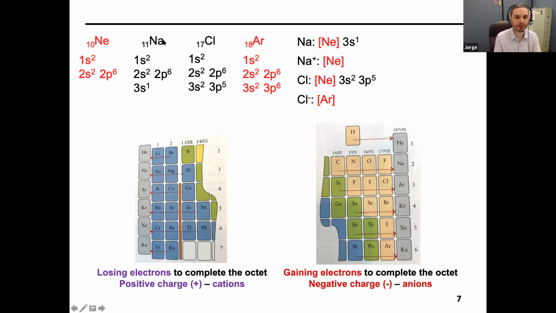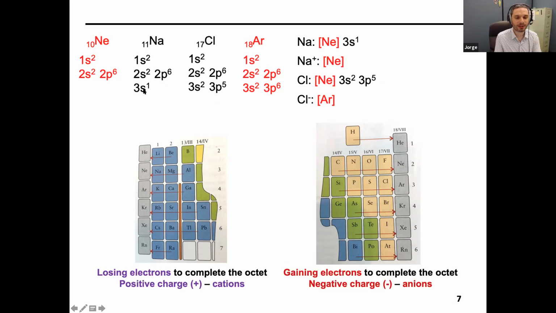For example, here, sodium belongs to the group 1. So we know that there is 1 electron in the valence shell, and chlorine belongs to the group 17, therefore 7 electrons in the valence shell.